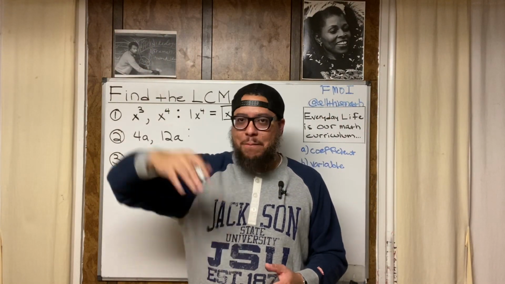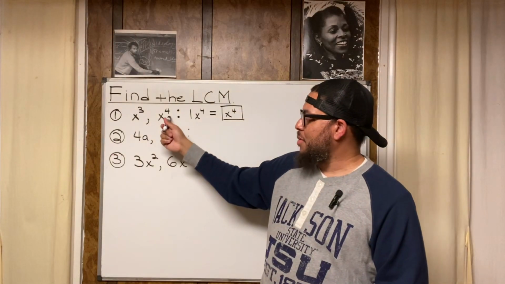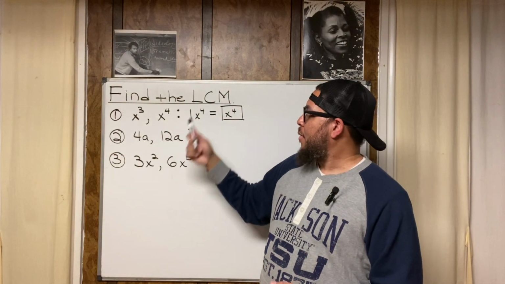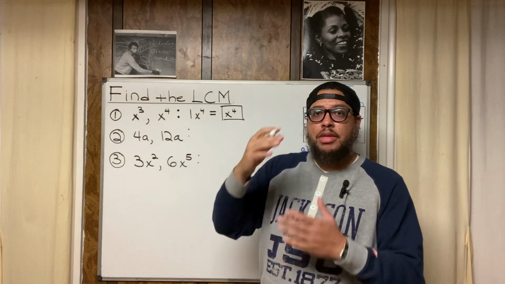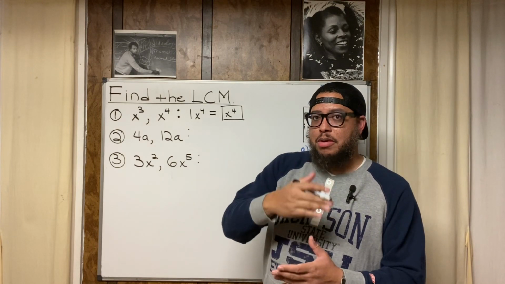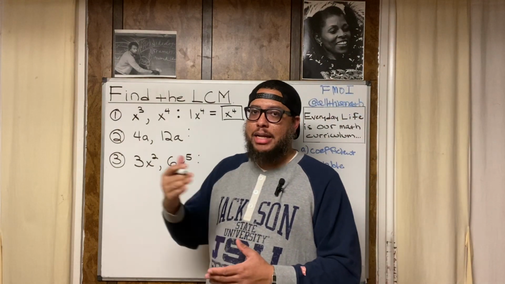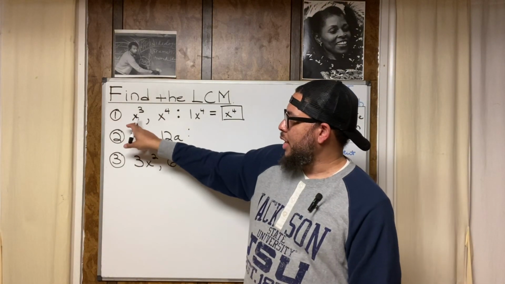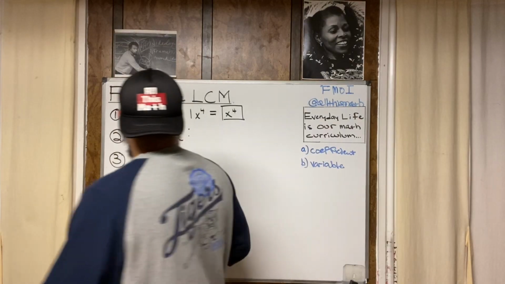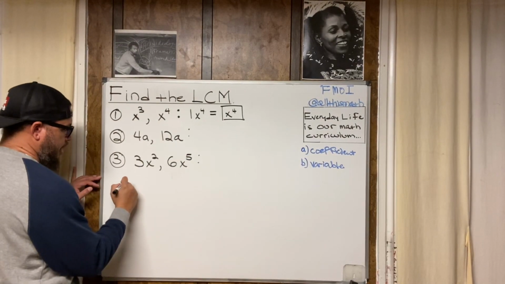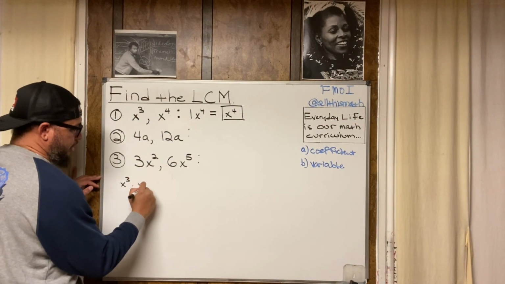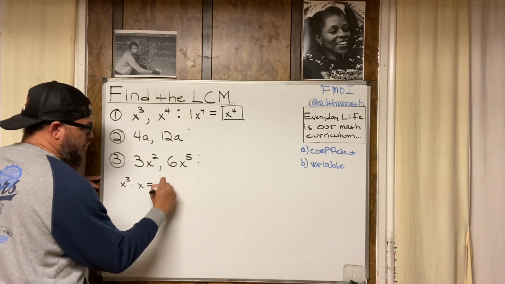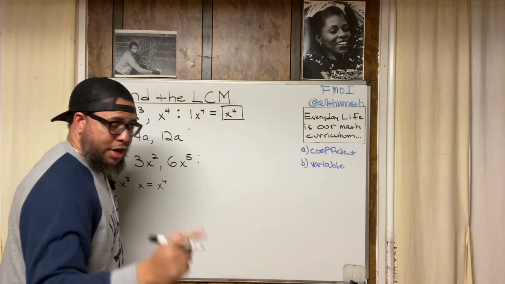One more time, the bigger exponent, right? So it's going to be x to the 4th. All right. Now, again, what is an LCM? It's a term that can be multiplied into by both of the terms under consideration. So I could do x to the 3rd times x, which equals x to the 4th because of the multiplication property of exponents.